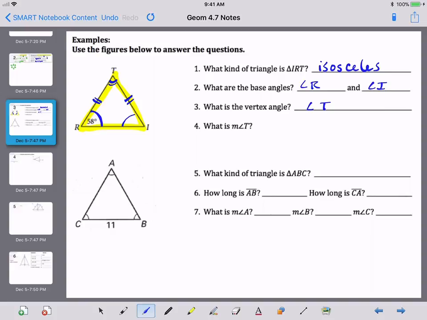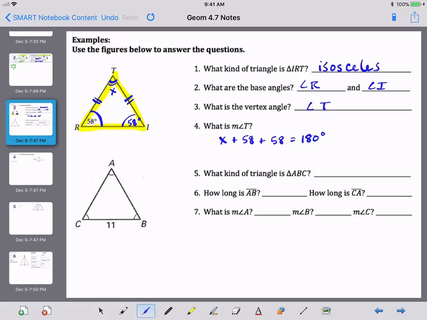And then we could figure out the measure of that angle T. Here's how we do it. We know R and I are congruent, so this has to be 58 degrees also. Well, if that is 58 degrees, we know that if we call this angle T x, then x plus angle R plus angle I needs to add up to 180 degrees.